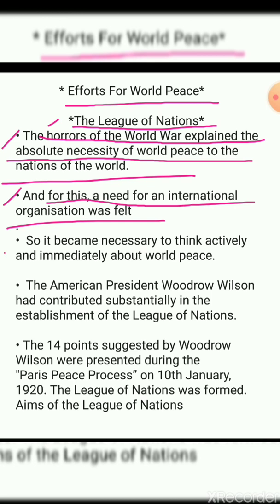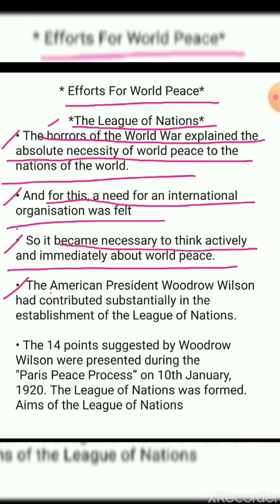So it became necessary to think actively and immediately about world peace, because the impact of the First World War was not good.